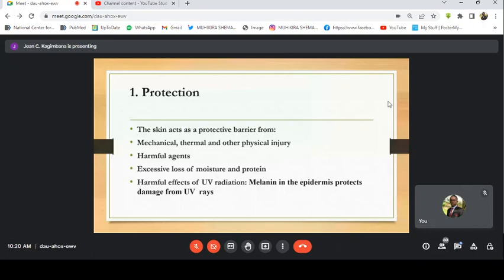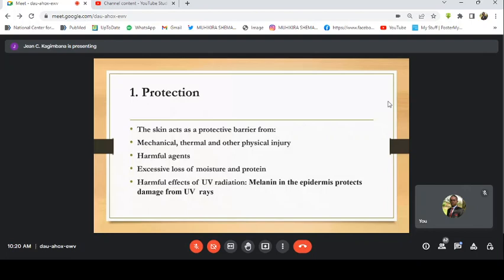And it prevents excessive loss of moisture and protein. Because, for example, in atopic dermatitis, there is a dysfunction of ceramide, being proteins which are seen in the epidermis, and there is a genetic lack of ceramide in atopic patients.